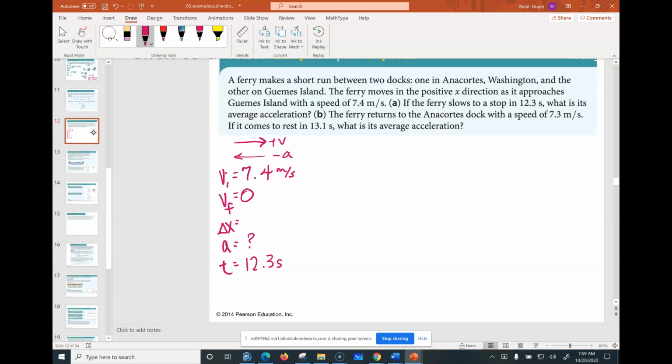So your acceleration is VF minus VI all over t. So we get 0 minus 7.4 over 12.3. My acceleration, crunch that number.